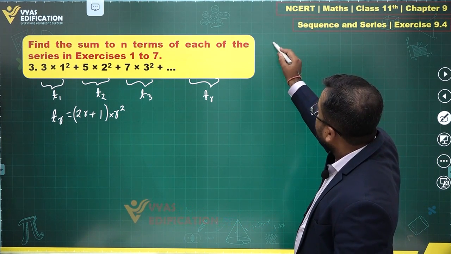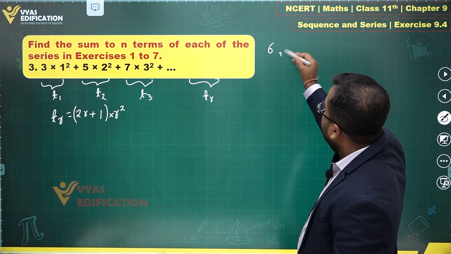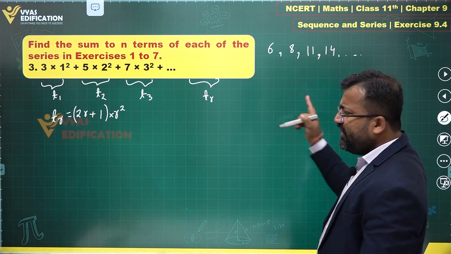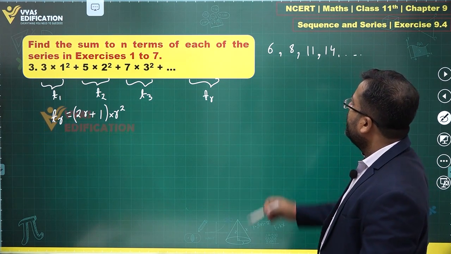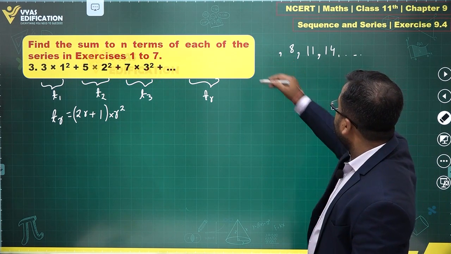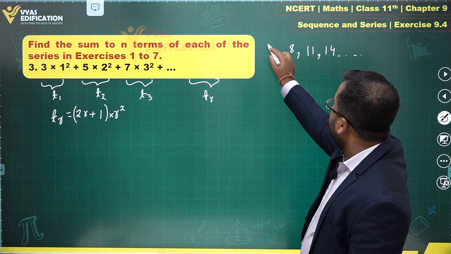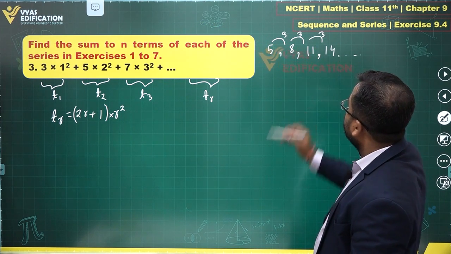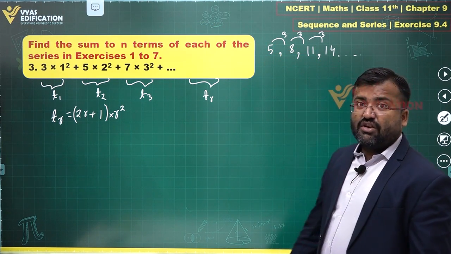Let's talk about 5, 8, 11, 14, dot dot dot. If I want the general term of this arithmetic progression, the common difference is 3.